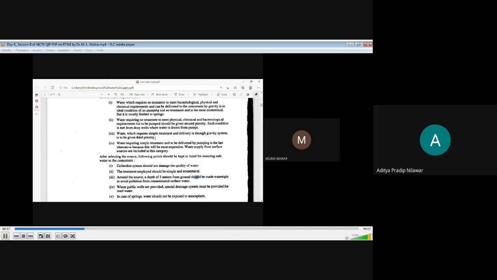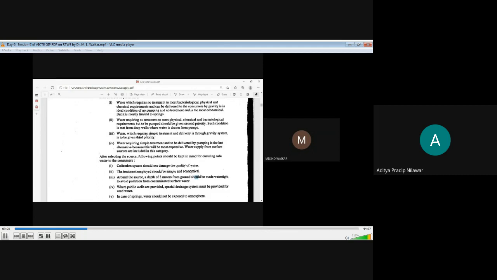So obviously we need to consider a deep well which is a safe water supply source, and from there we can withdraw water with the help of pumps, and then again through gravity it will be supplied to the consumers. That is the second arrangement which can be done for RWS.